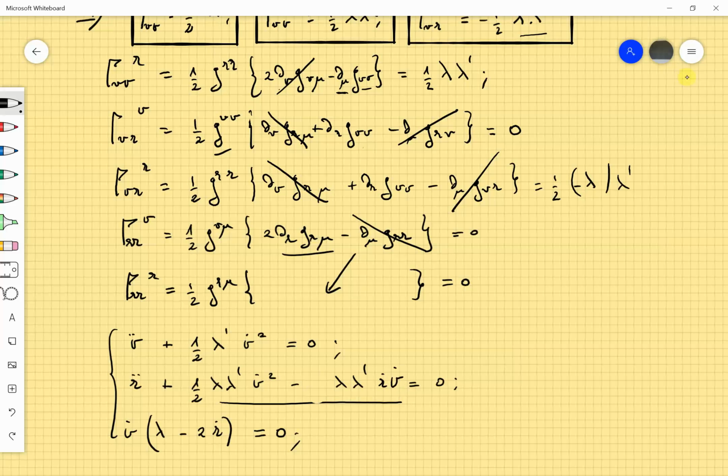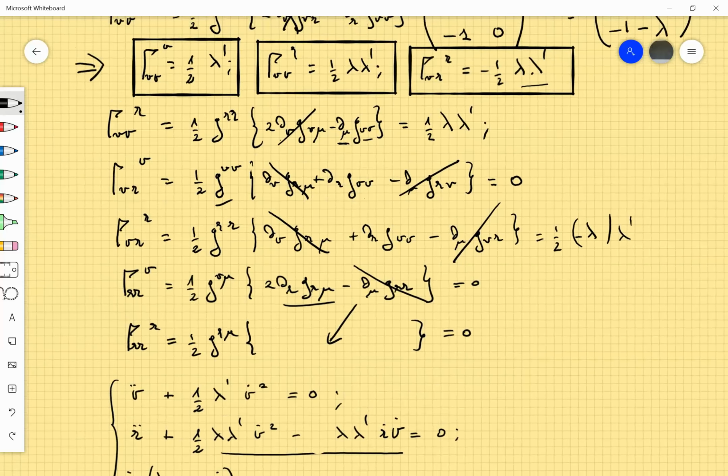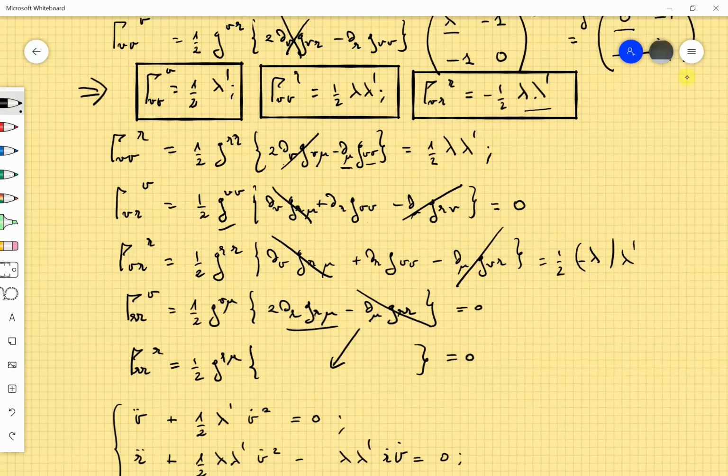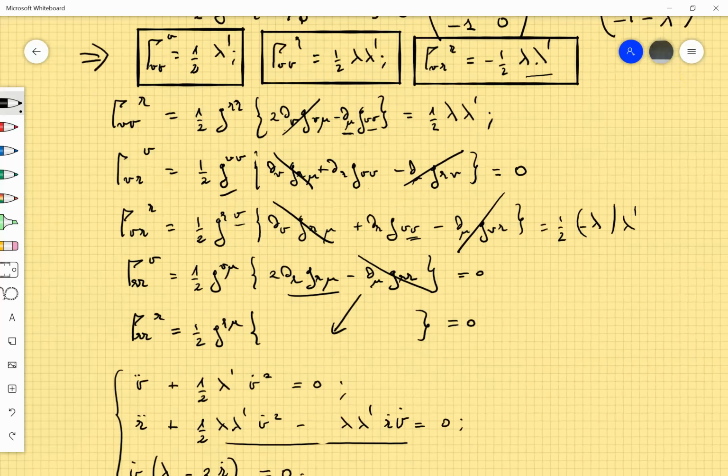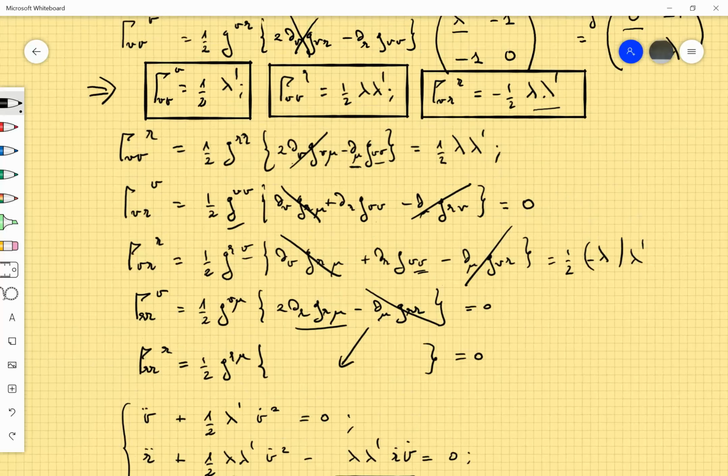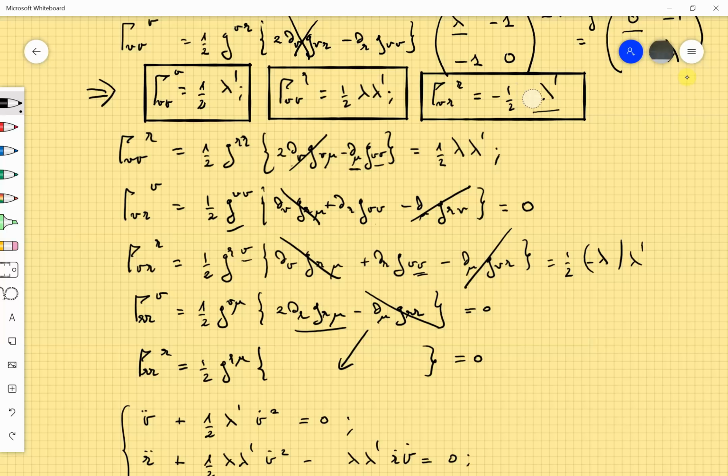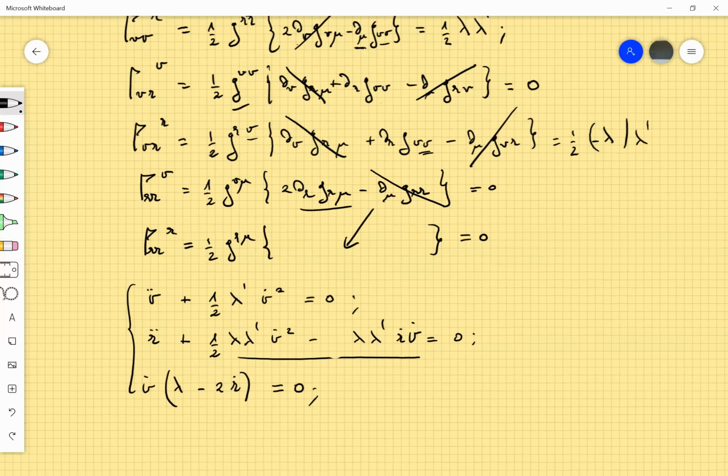But if I take a common factor lambda, I don't get this, which I should also get, which takes me to the fact that I have also made a mistake here, because when I replace v here, I put the r here. It should be rv. Okay, this means that this is just lambda prime and here this is just lambda prime.